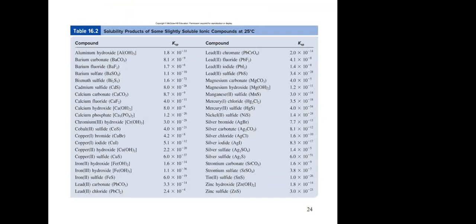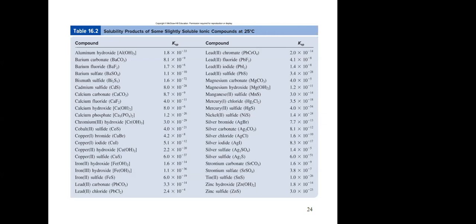Basically, the KSP will give us an idea on how soluble a given substance is. We can compare the KSP of different products and predict which one is soluble and which one is insoluble. But there's a limitation in doing that.